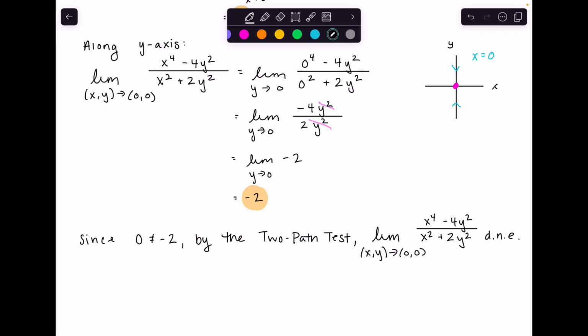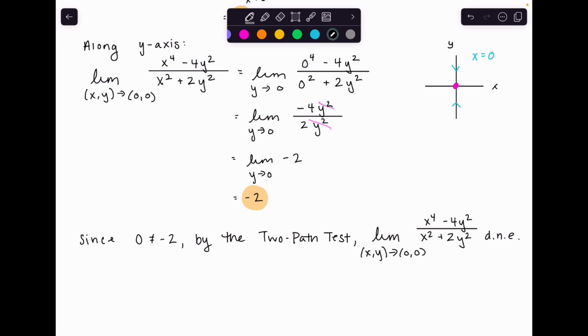Now the biggest misconception that happens is the exact opposite of this. You get in a habit of, okay, I'm trying two paths, and if the two paths give the same value, then great, your limit exists. But that's not true. The two-path test only tells you about a limit not existing. It tells you nothing about a limit actually existing. So you cannot use the two-path test to state the limit exists.